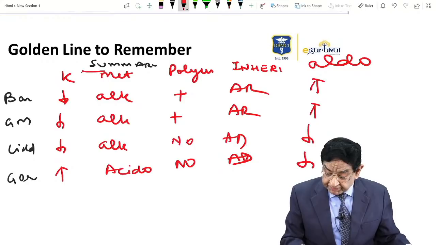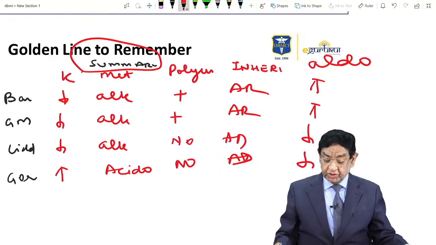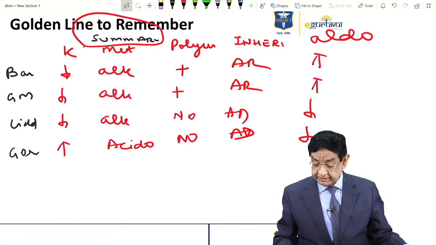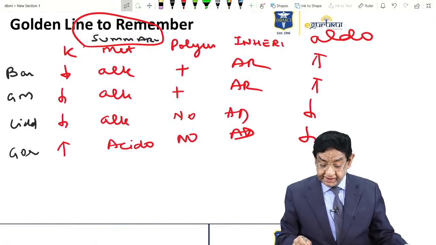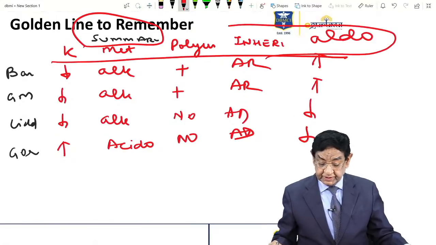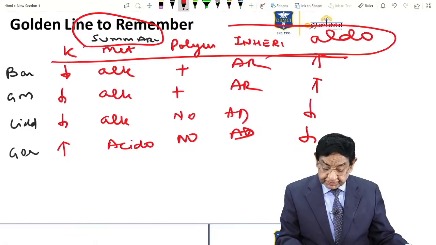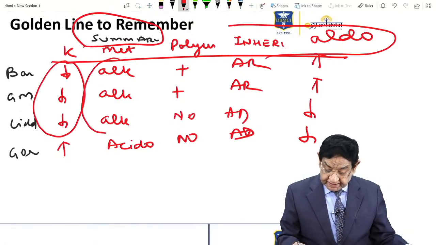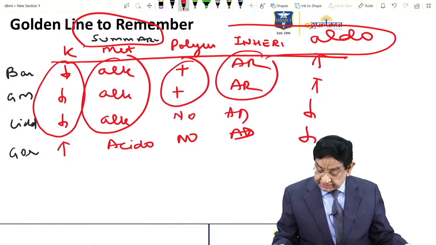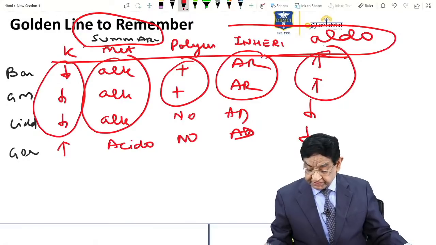This is the summary of all these 4 syndromes. In Bartter syndrome, we have potassium reduce, metabolic alkalosis, polyuria, recessive, aldosterone increase.